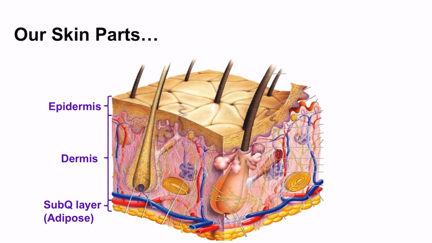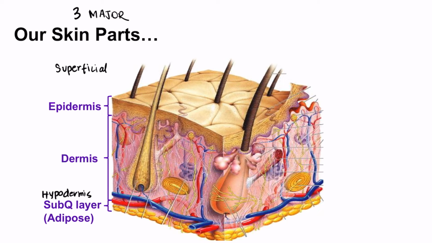And so you should know by now that we have three major skin areas. We have the epidermis, which is most superficial. We have the dermis sandwiched in the middle. And then deep to that, we have the subcutaneous or subcu, aka the hypodermis layer.